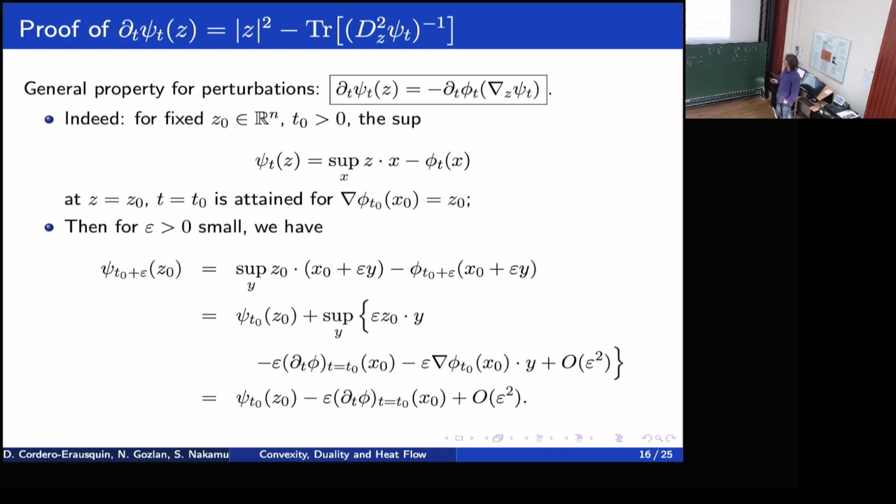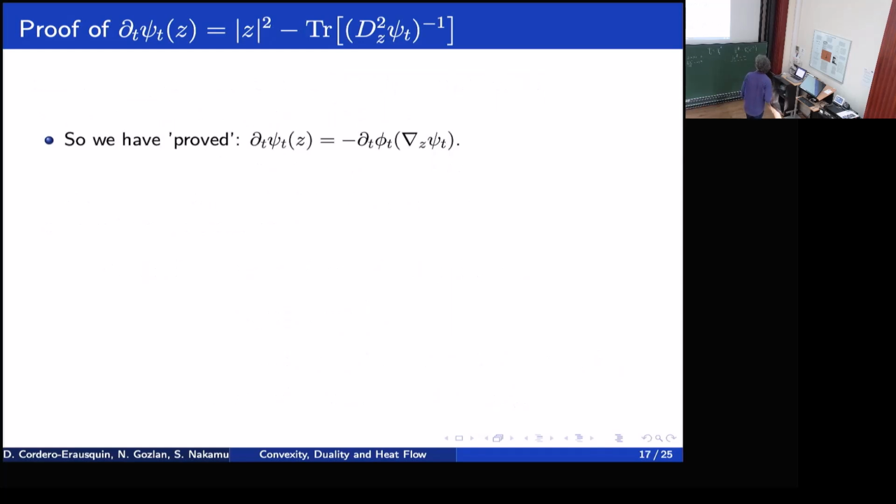Because of my choice, the other terms vanish. So this is the only term that remains. Okay, so this is the proof of this first ingredient, which I believe appears implicitly or explicitly in many problems about convex optimization.